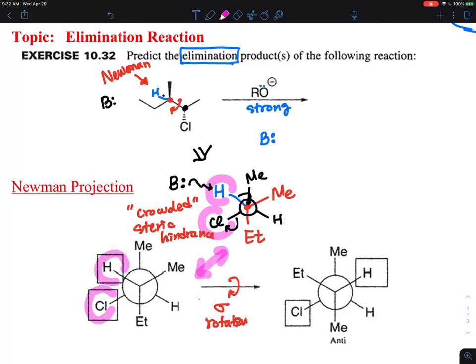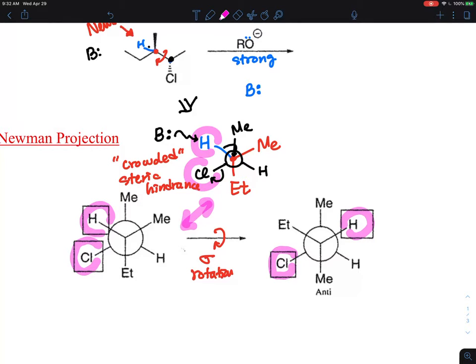What they did is they keep the back chlorine as it is, but they rotate the front carbon-hydrogen sigma bond so that they can put the hydrogen on the opposite side. And now you can see that you are in business, because the base will go and take the hydrogen without being bothered by the leaving group in a traffic congestion, right?